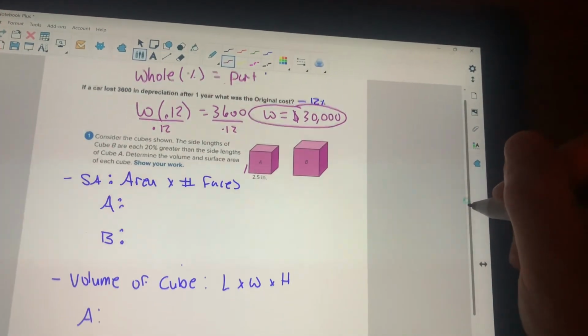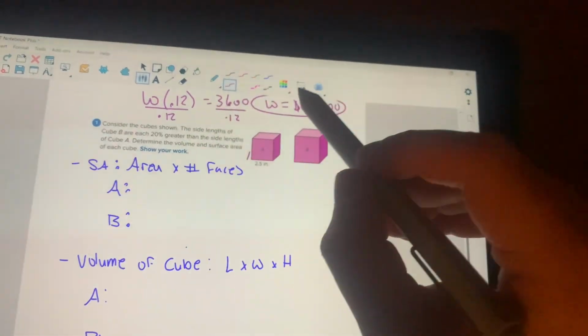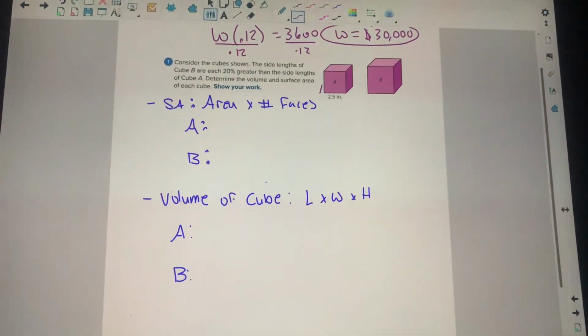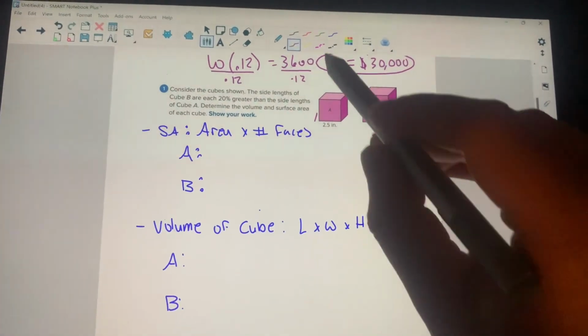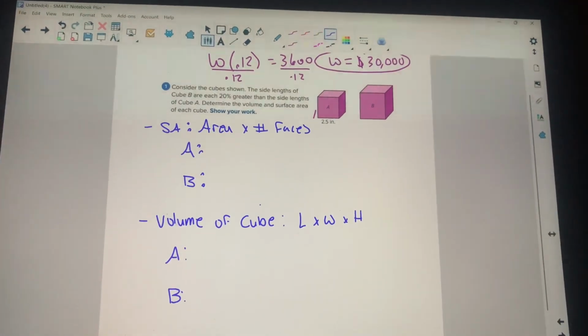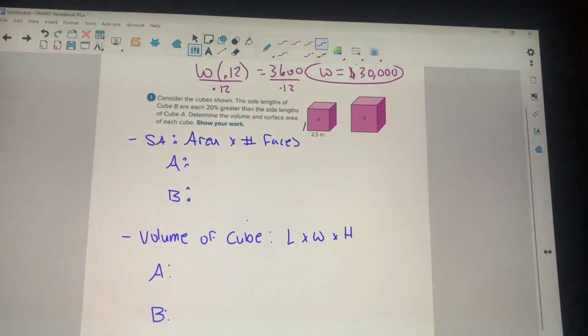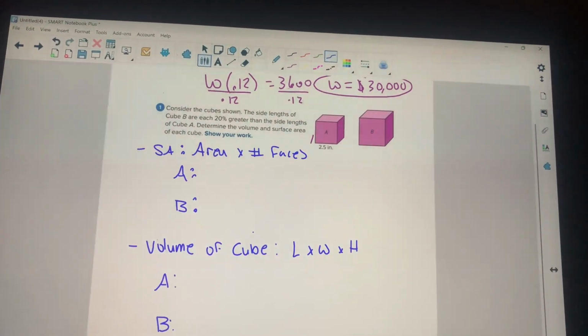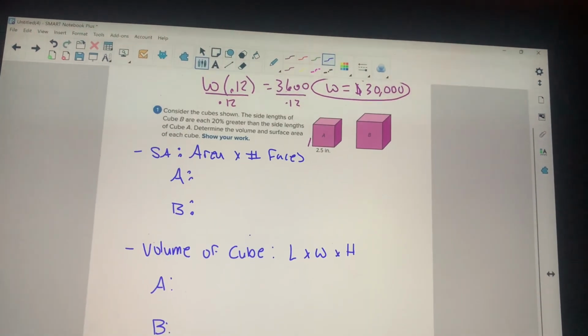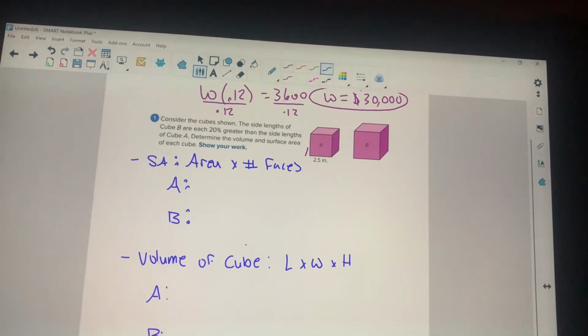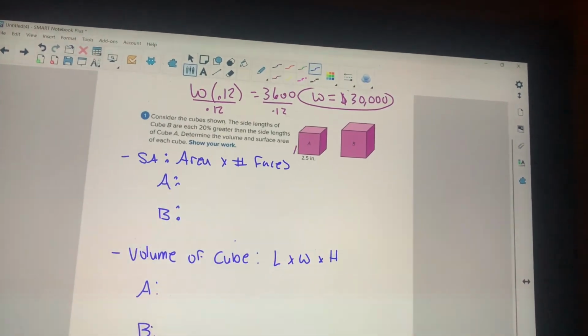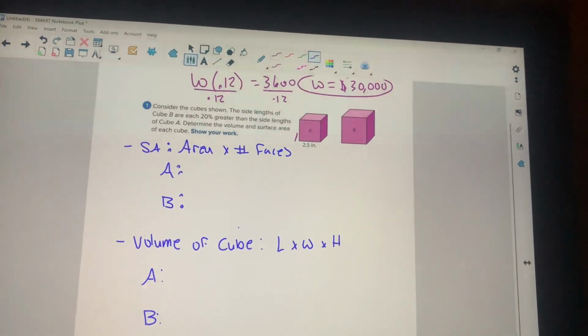All right, lastly for us, we are going to be doing percent increases and percent decreases with geometry. So with, in this case, cubes. So consider the cube shown. The side lengths of cube B are 20% greater than the side lengths of cube A. Determine the volume and surface area of each cube.